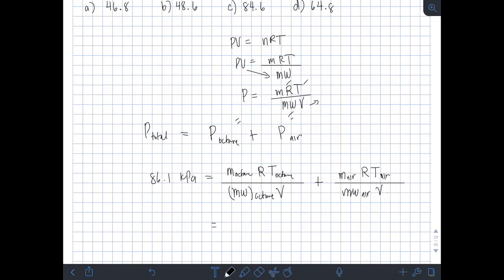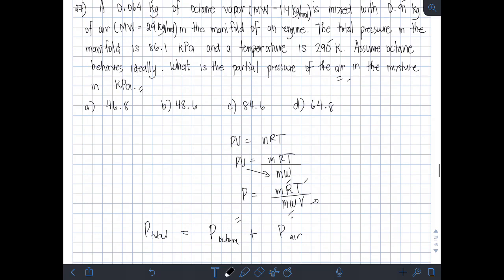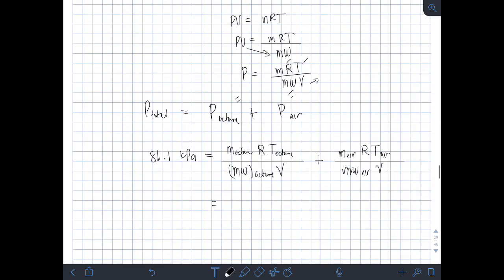So, substitute natin yung value. Yung mass ng octane is 0.064 kilogram. Then R, dahil naka-kilopascal tayo, gamitin natin constant ng R is 8.314 joule per mole Kelvin. Para ma-cancel natin yung mga units.